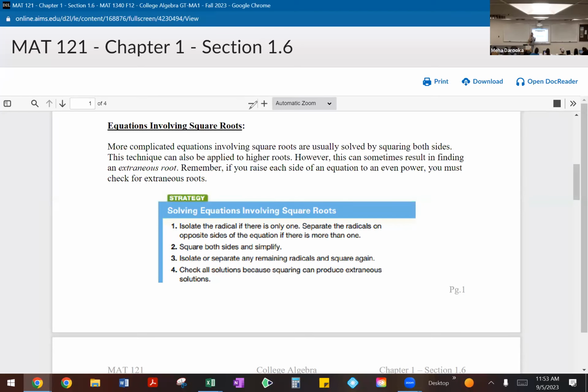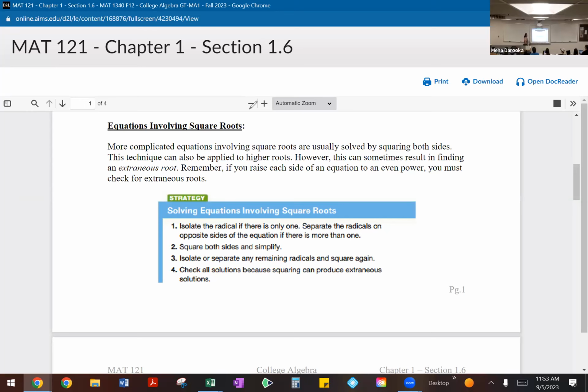So far we haven't bothered about checking our answers, right? We've said, yeah, it's going to work, our math works out. Except for these types of equations, you will need to check your answers because one of them is going to be an extra solution that does not satisfy the original equation. That's what we're talking about here, having an extraneous root.